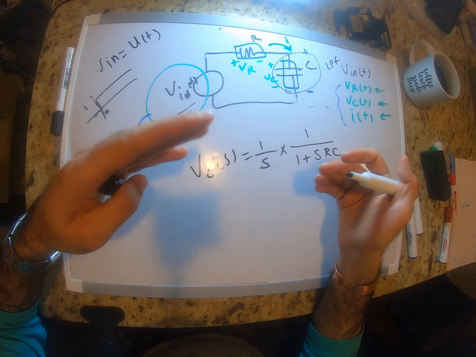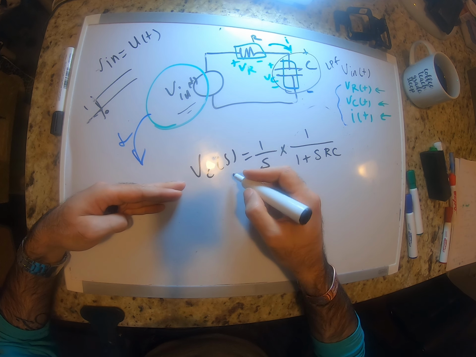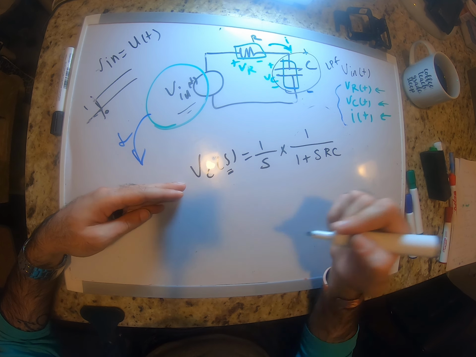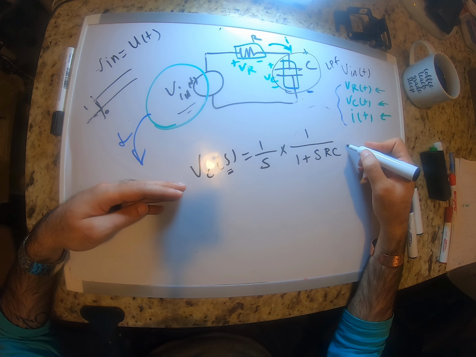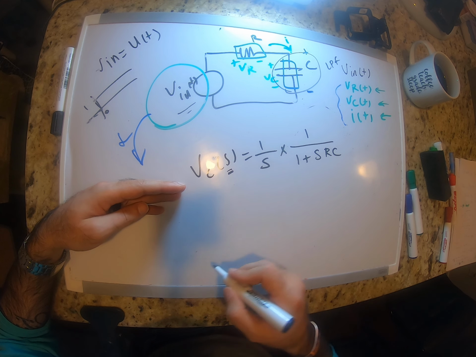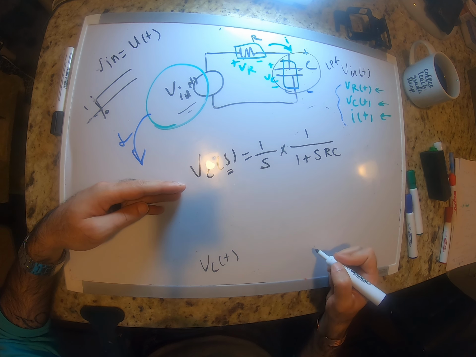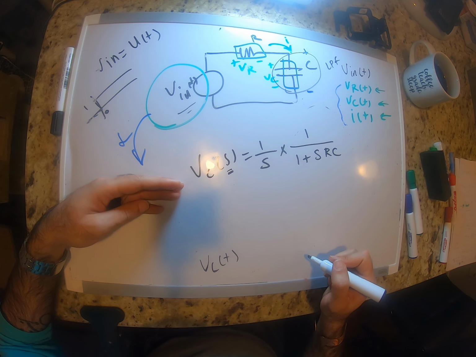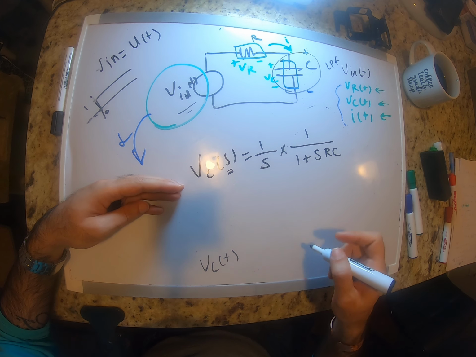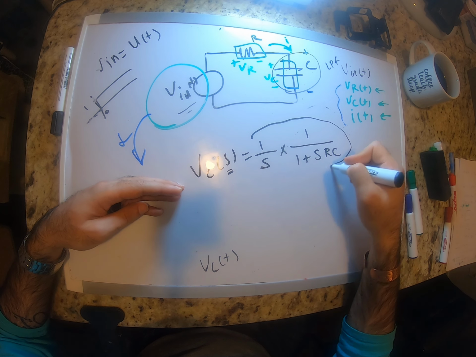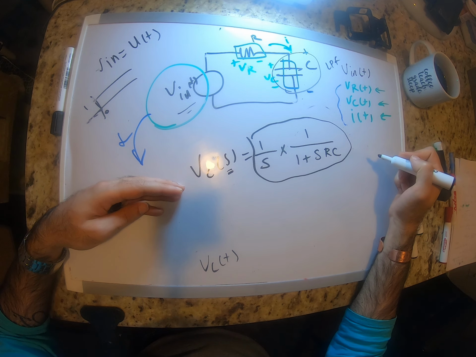Now this is our capacitor voltage, but it is in the S domain. How can I find the capacitor voltage in the time domain? It's a little bit challenging because I don't know the inverse Laplace transform of this term.